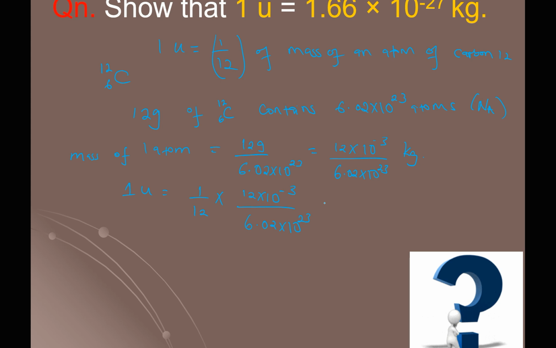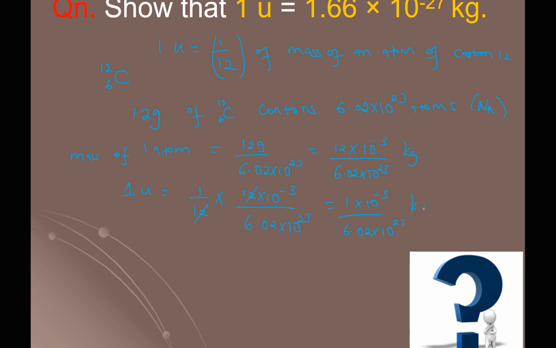So I'll check with my calculator. I don't know why my calculator does not show on this screen when I'm using PowerPoint, but I'll just press my calculator. You can also check yours. Of course, 12 has cancelled here. You remain with 1 times 10 to the power of minus 3 divided by 6.02 times 10 to the power of 23.